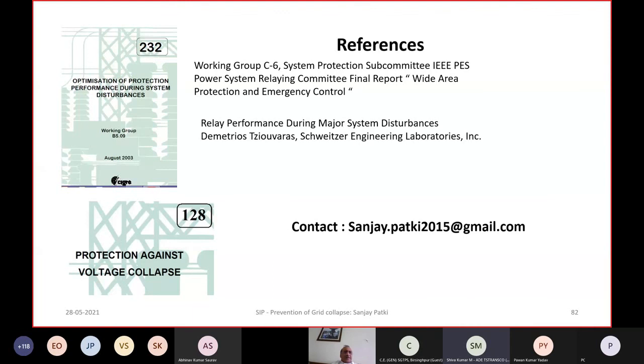You're talking about the recent Mumbai power system grid collapse? Yes, sir. Of course, the committee had investigated the matter and the report has been submitted to authorities, but I don't think the report is still in the public domain.